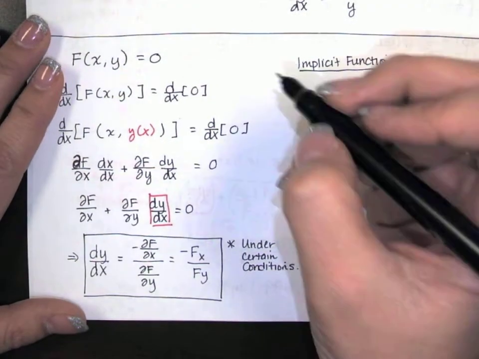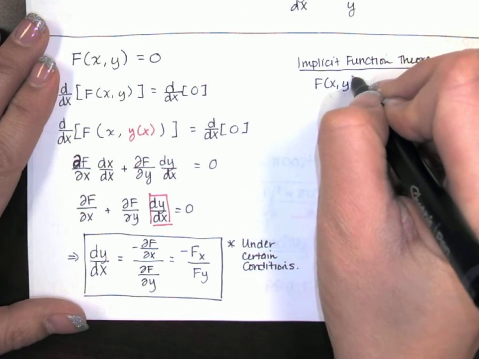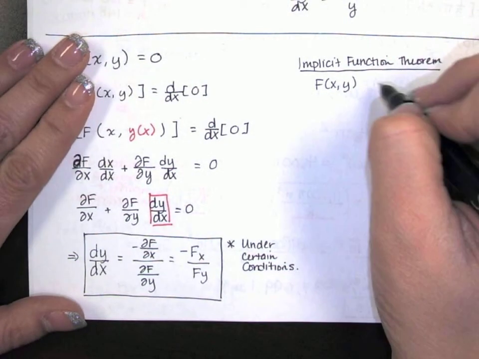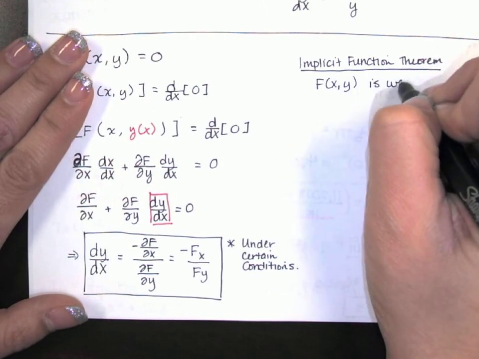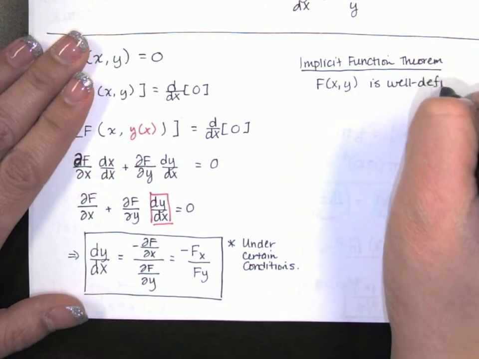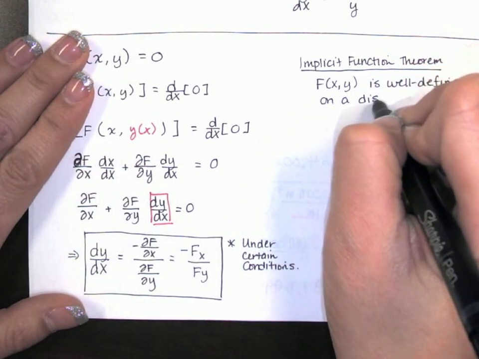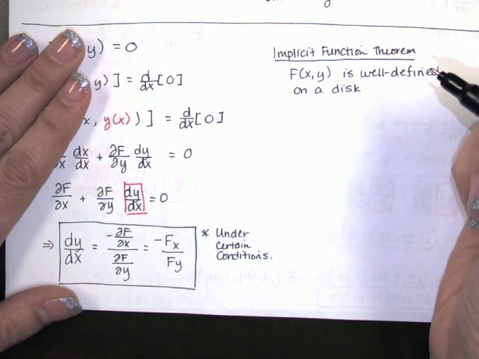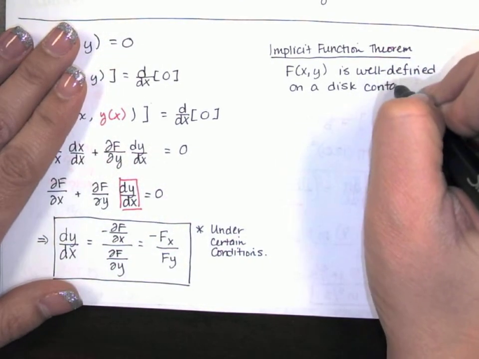This works when f of x, y is defined on a disk, so that's just some open circle containing a point of interest.